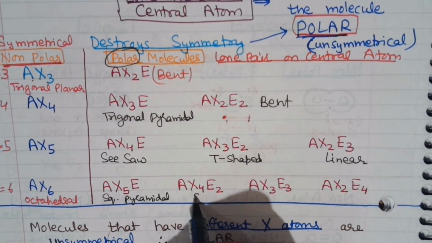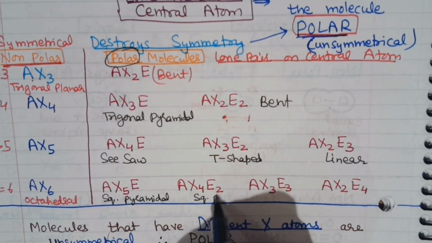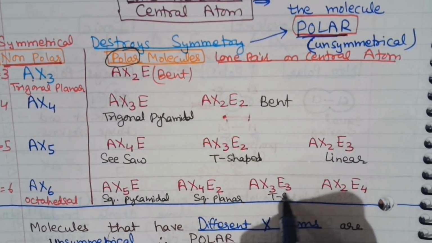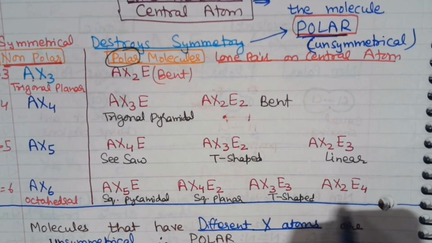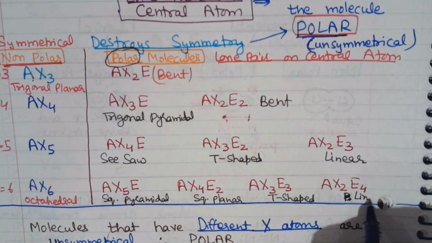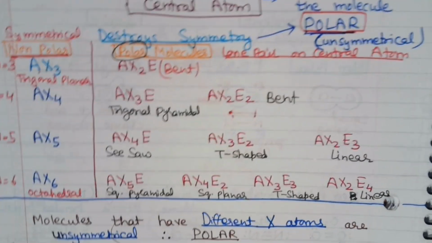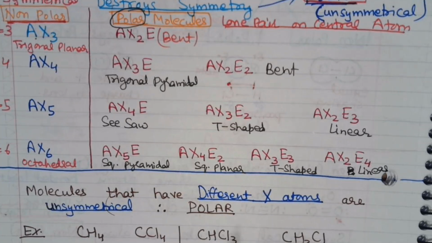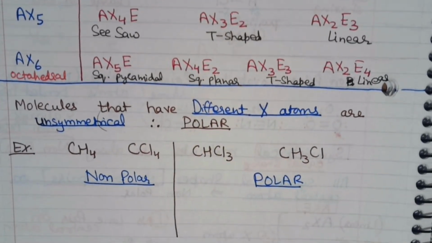This is square planar, and this is T-shaped, and this is linear. Linear shape, when both the atoms are the same, they are always non-polar, right?